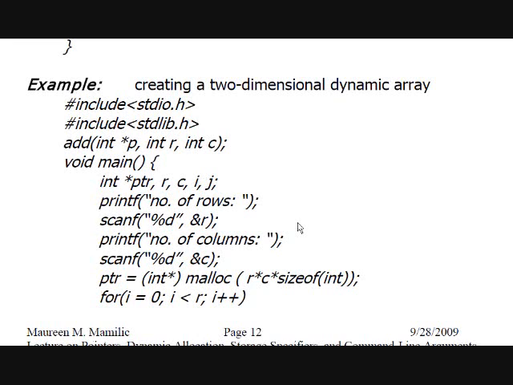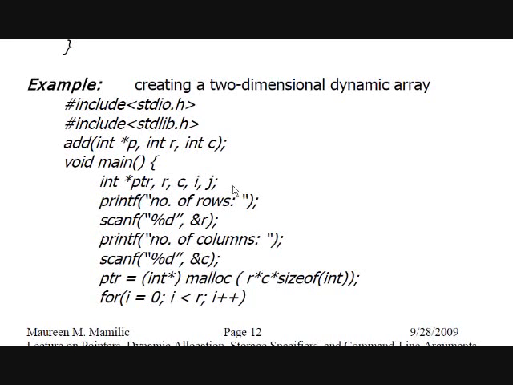So again, the memory that will be allocated will be from the heap. Okay, so here we declare a variable PTR that will hold the address of the memory that will be allocated from the heap. So R here will be the number of rows, C to hold the number of columns, I for the row index, and J for the column index.